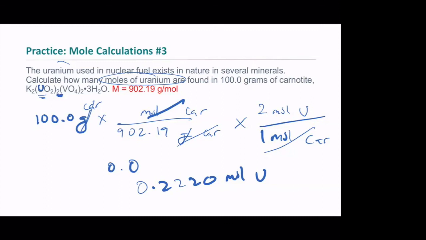Carnotite's that whole mineral, and it's asking specifically the number of uranium atoms, if you will. Or actually, it's not asking the number of atoms, it's asking the number of moles. If we wanted atoms, then you can do the next step. Go ahead and multiply it by Avogadro's number. Questions?